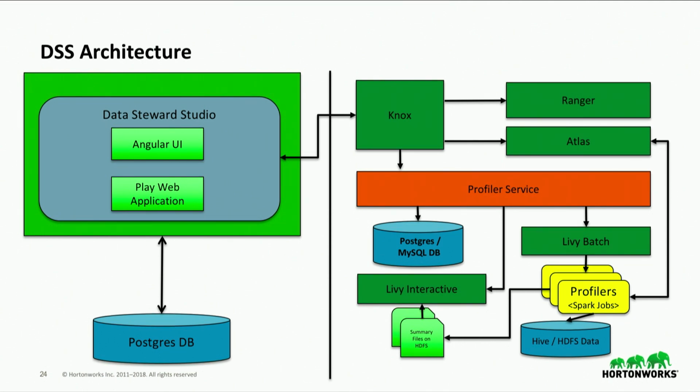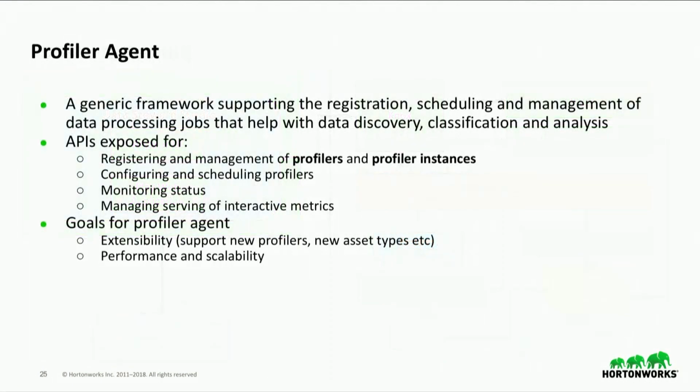That's the guy who's detecting what needs to be profiled. And then your profilers are different indexers, right? Each profiler is an indexer that adds a different type of index, a sensitivity index, a column summarization index, whatnot, right? And all of that information, the index, is stored either on HDFS or in Atlas. So that's a mental picture that you can use.